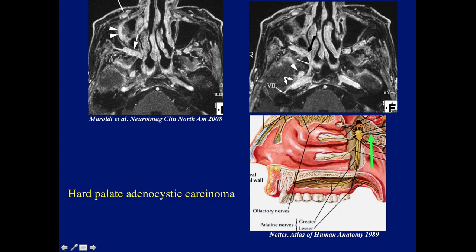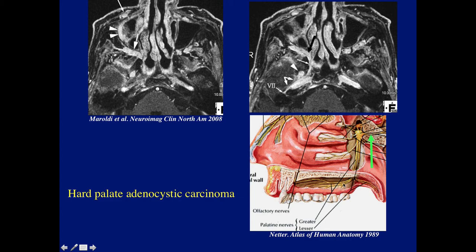And here's another case to show this kind of perineural spread. This patient had a hard palate adenocystic carcinoma. And you remember, as I've said before, with adenocystic, you have perineural spread automatically. You have to think of it. So I showed this before, this beautiful diagram from Netter.